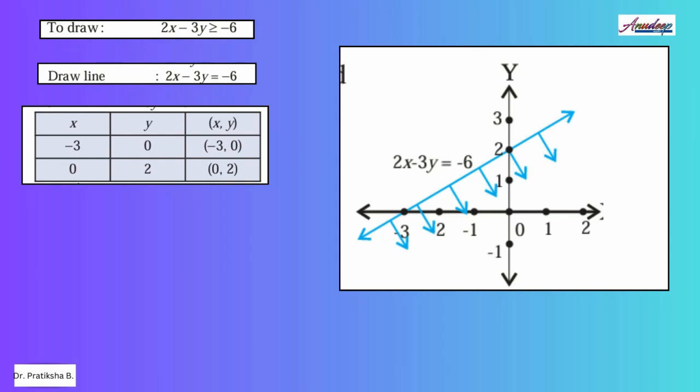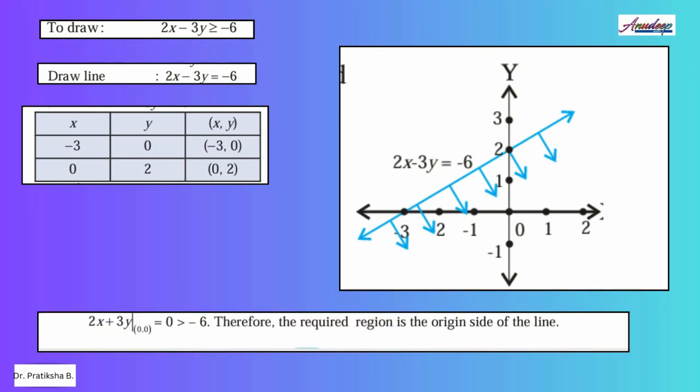As the sign is greater than or equal to, we assume it is the region above that we have to check. But here, when we substitute 0, 0 in 2x minus 3y, it is greater than minus 6. Therefore, the required region is the origin side of the line, so below the line is the region that we are going to shade as the feasible solution.